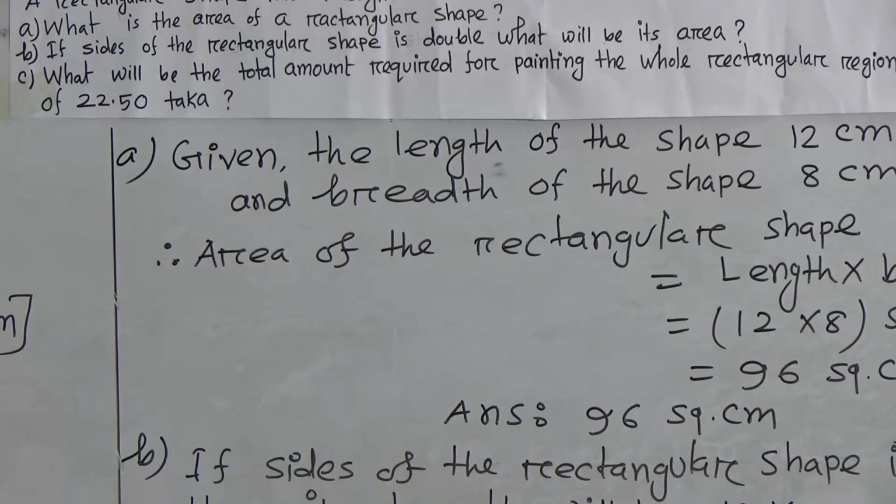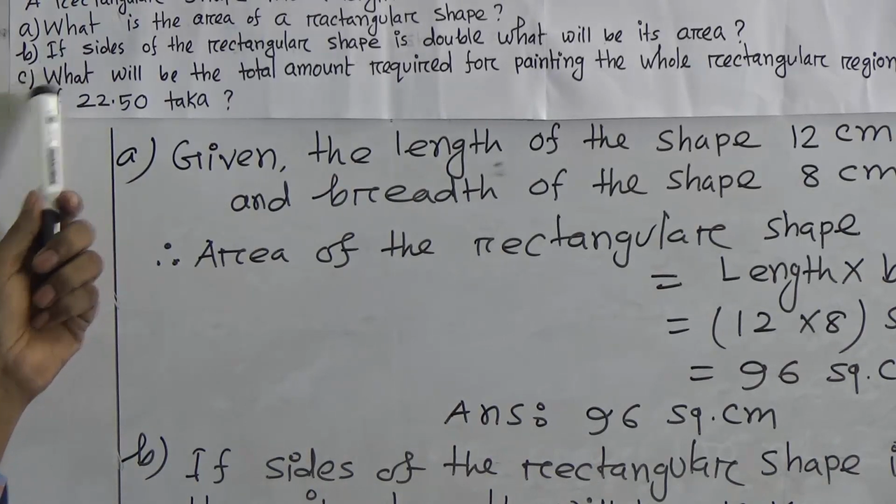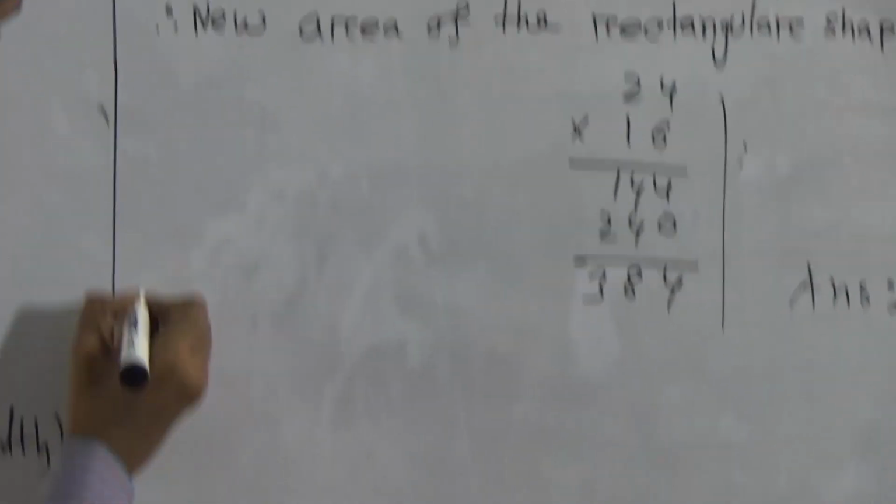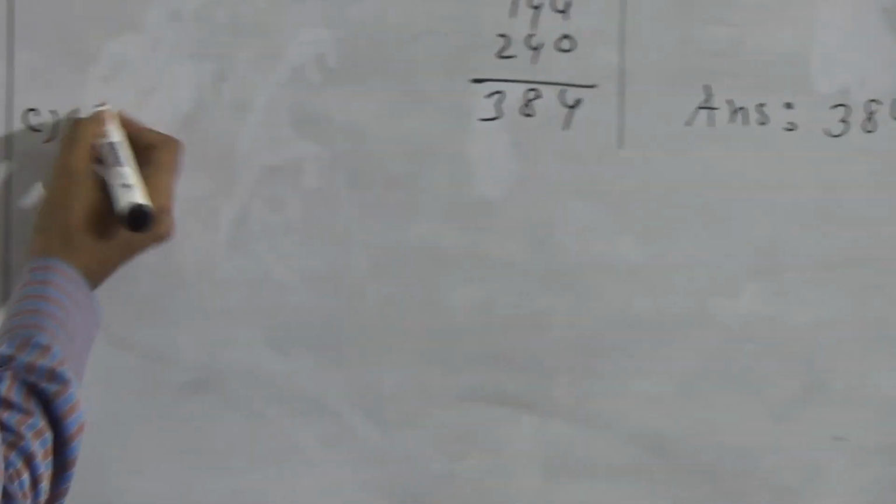That means according to the stem, you have to solve the B number, C number question. There is no relation between B number and C number. So, you have to solve the question number C using the stem.